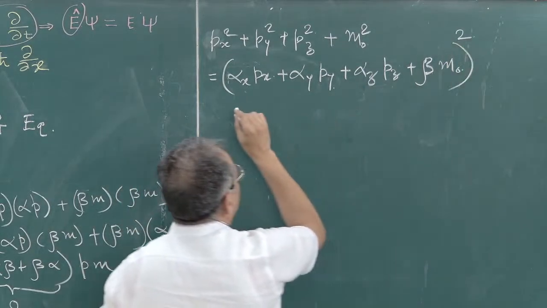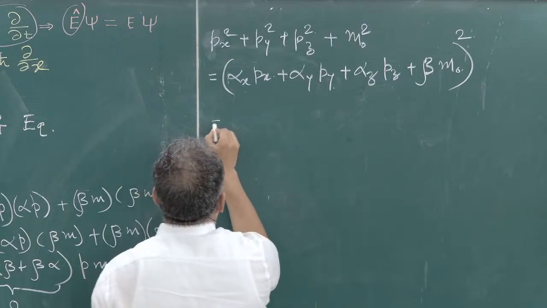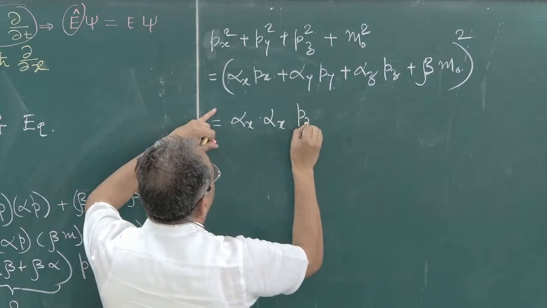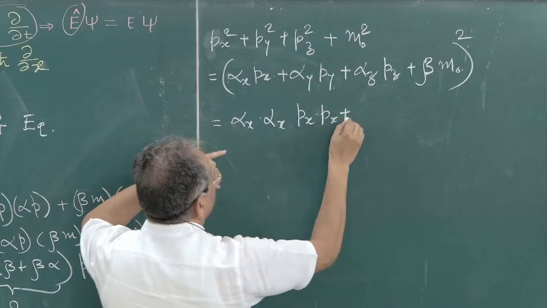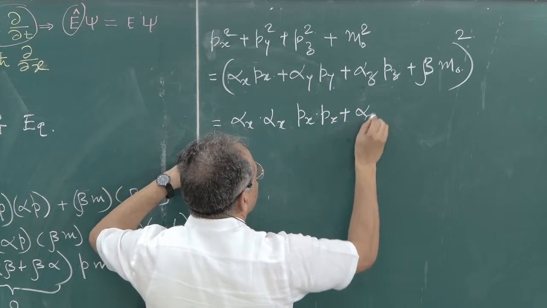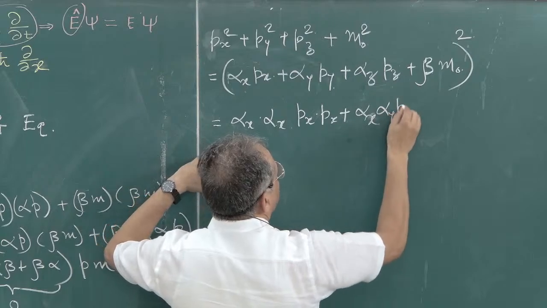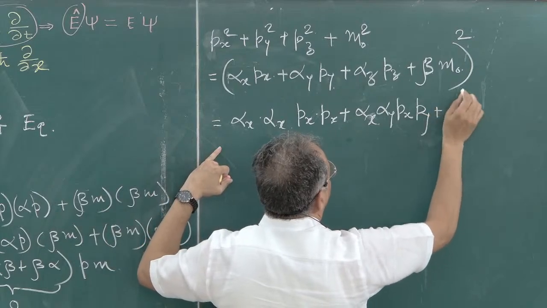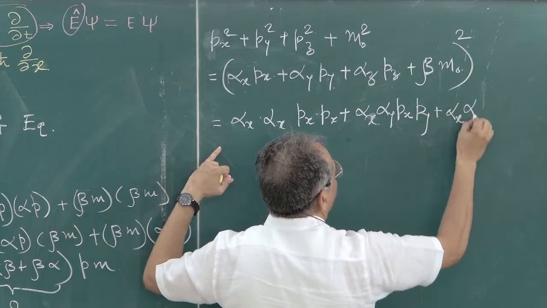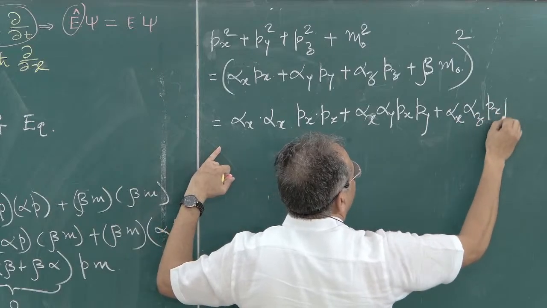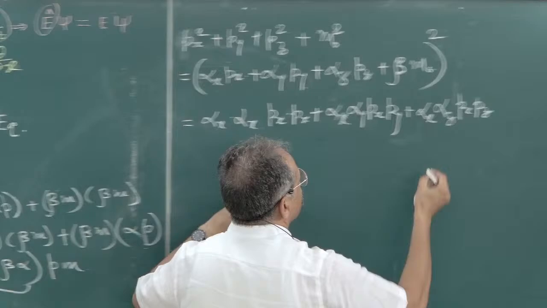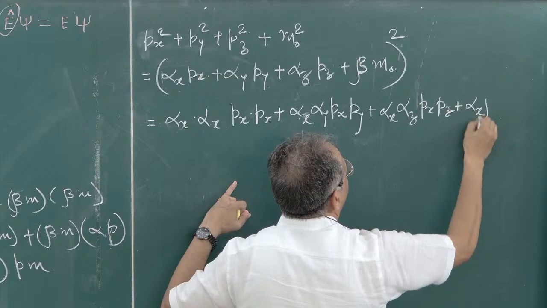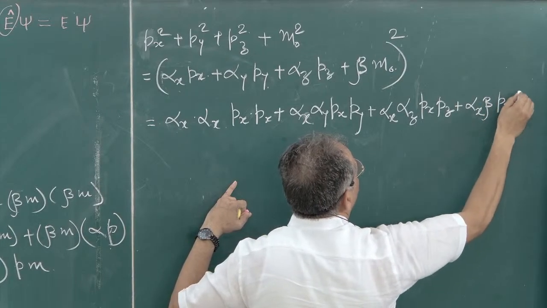And when we are taking square of such quantity, we'll be talking about alpha x into alpha x, px into px plus alpha x into alpha y, px into py plus alpha x into alpha z, px into pz, and last element with this beta m0 plus alpha x into beta, px into m0.